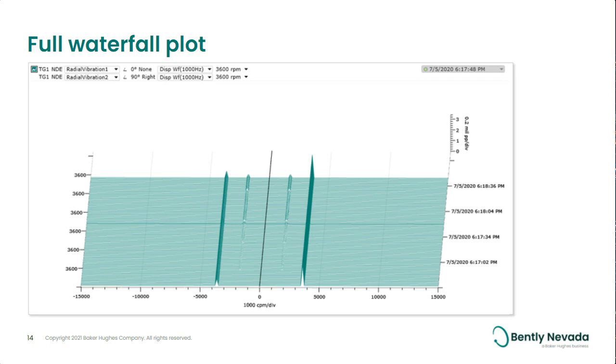And you can see in this waterfall plot where the half X or slightly less than half X vibration comes into play. And that's where we've been adjusting the preload frame so that that bearing becomes unstable. But the waterfall plot is a great tool in diagnostics.